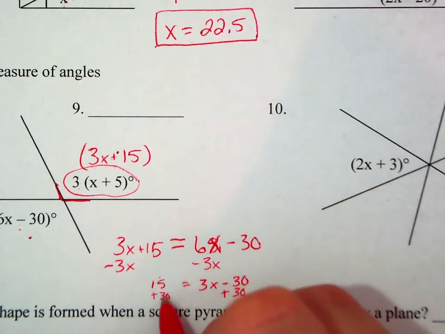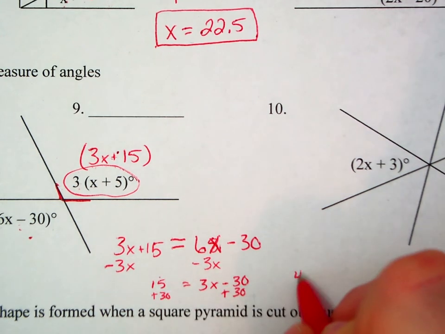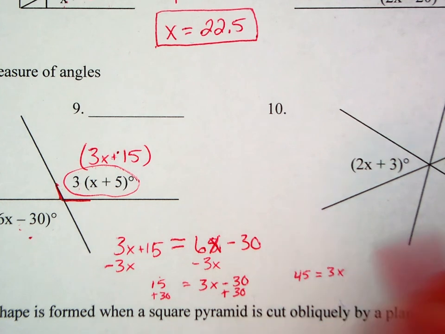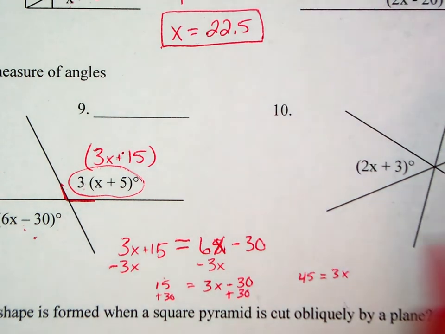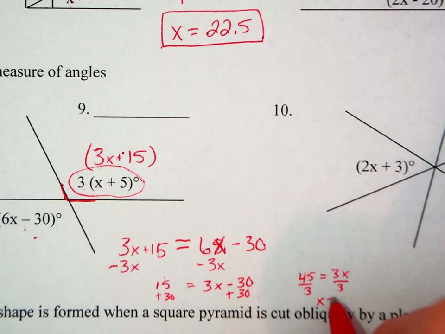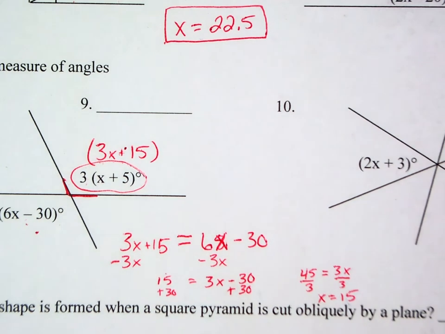So that will leave me with 15 and 30 is 45 is equal to 3x. And then our final step would be to divide by 3, where we find out that x is equal to 15 degrees.